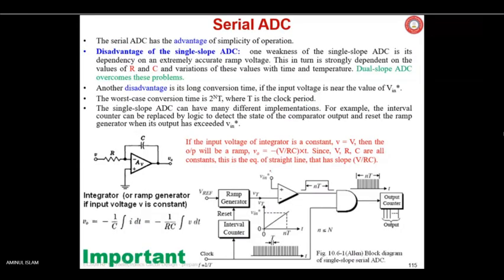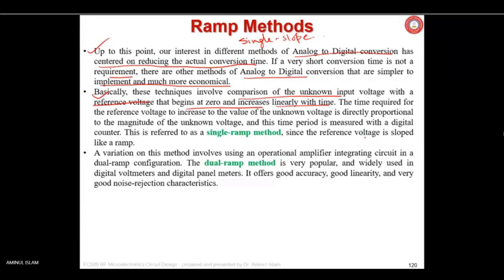So it is comparing the input signal with the reference voltage, starting from 0 and increasing towards the input signal, that is V in star. The time required for the reference voltage to increase to the value of the unknown voltage is directly proportional to the magnitude of the unknown voltage. Is it understood?